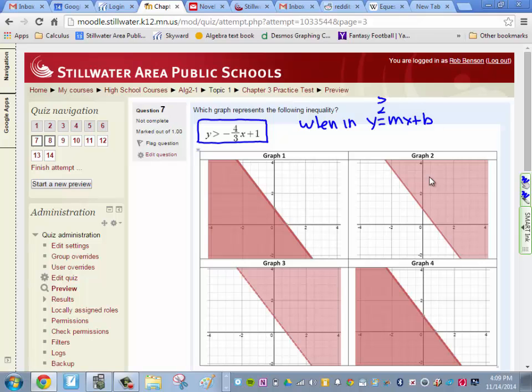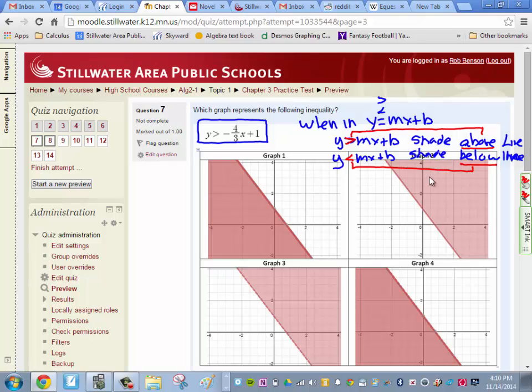When y is greater than mx plus b, shade above the line. And when y is less than mx plus b, shade below the line. I can spell line. I graduated from college. There we go. And so this is the below, and this is the above. Okay, put these together. That's the shortcut for this.